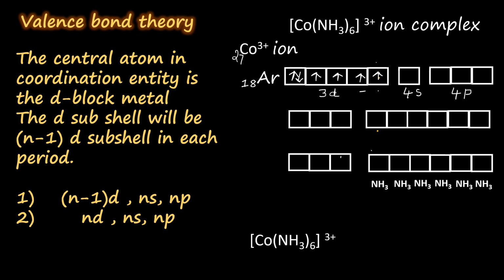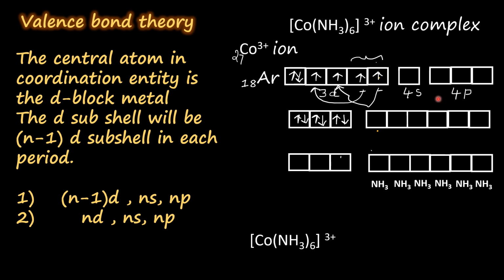During hybridization, 2 electrons from the half-filled orbitals of the d subshell get shifted to the other 2 half-filled orbitals, making them paired. Now, 2 of the 5 d orientations are free. They are empty. These 2 orbitals, the 4s orbital and the 4p orbitals get mixed up, forming 6 hybrid orbitals of the same energy level.